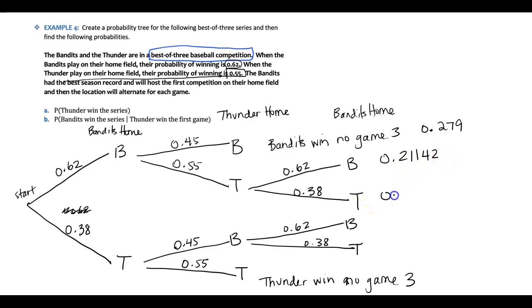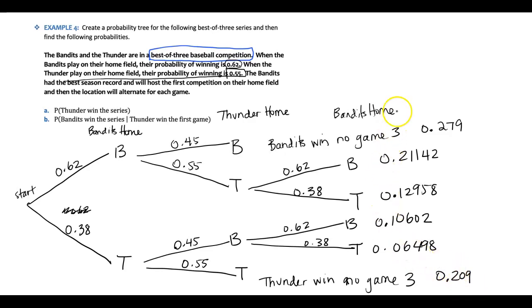The next one down, I'll go ahead and 12,958 hundred thousandths, 10,602 hundred thousandths, 6,498 hundred thousandths, and that bottommost set of branches, 0.38 times 0.55, we end up with 0.209 or 209 thousandths.